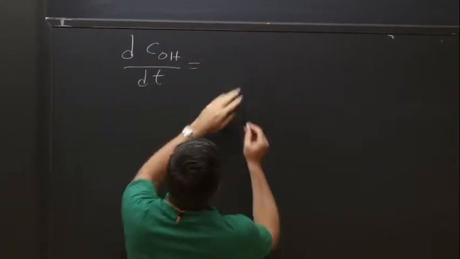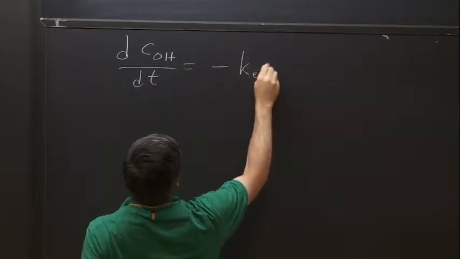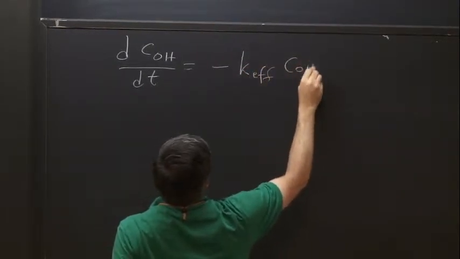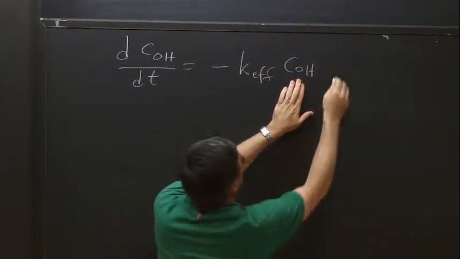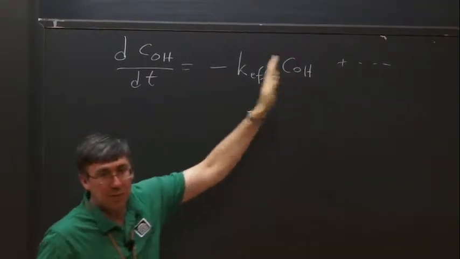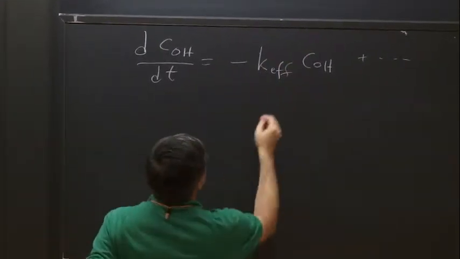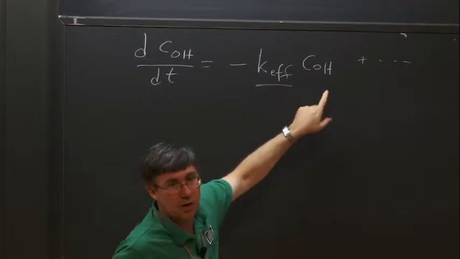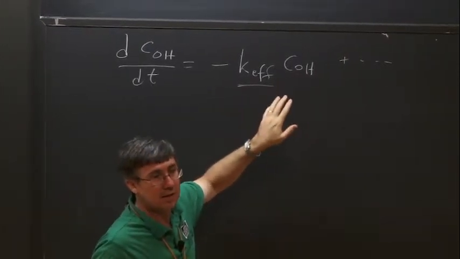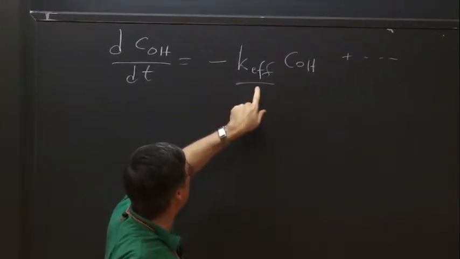And this has a very big term, negative some k effective times the concentration of OH, because OH reacts with everything, and then plus some other little stuff about how it's being made, for example. And this number is gigantic because hydroxides react so fast. So that's why it goes away very fast.